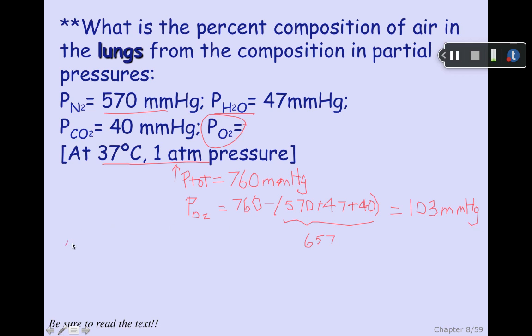To calculate the percent of each of the gases, you can do that, but let's just do one. So let's figure out what the percentage of oxygen is from this particular one. Percentage of oxygen is going to be then 103 millimeters of mercury out of the total pressure. And so the 103 divided by 760 gives us an answer, remembering that we have to multiply times 100 to get a percent value.